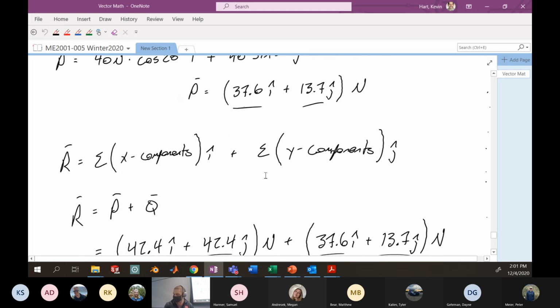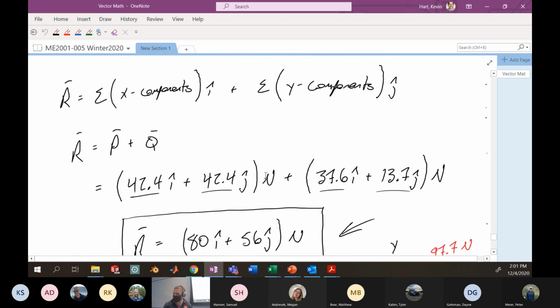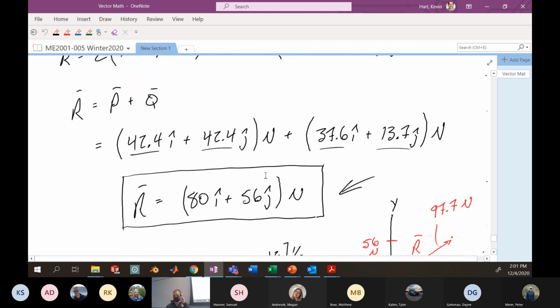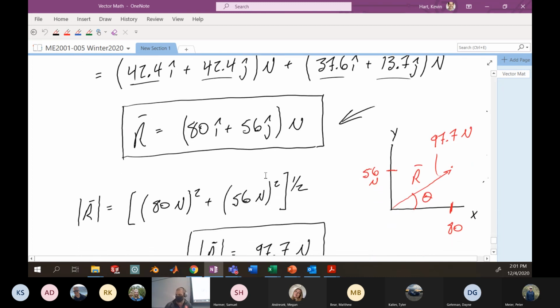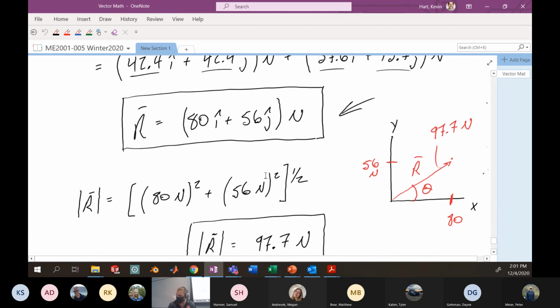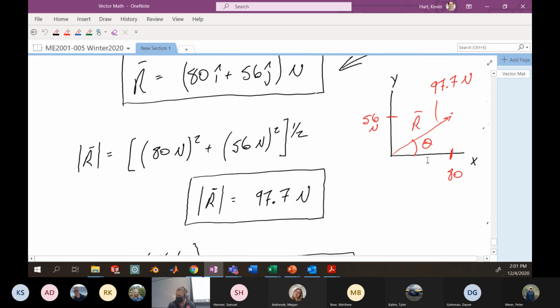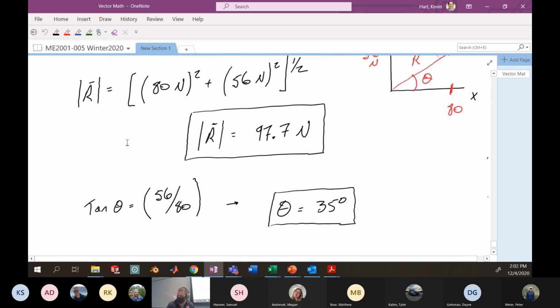Here we called it the vector capital R, and determined the contributions in the i and j directions for this particular resultant. Then we can use the square root of the sum of the squares to determine its magnitude, and we can also calculate the angle this resultant vector makes with the horizontal using traditional trigonometry. Here, the tangent function of the opposite over the adjacent gives us this angle of 35 degrees.